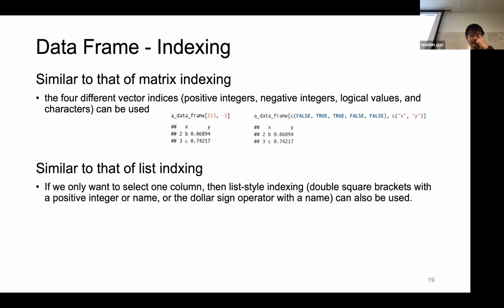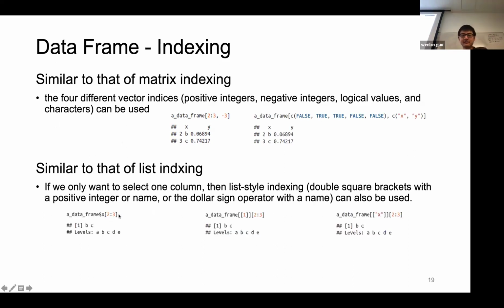And if we consider the data frame to be a nested list, then we can also use another way to index, using list indexing. Here, you can use the double square brackets to access a specific element, a specific observation.